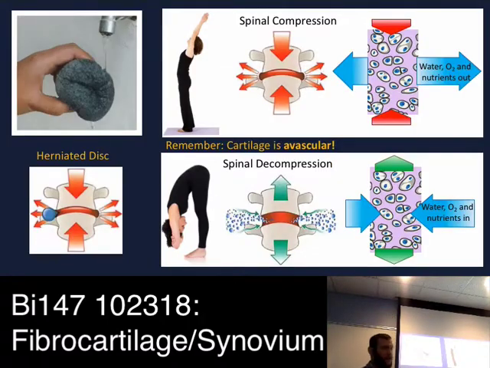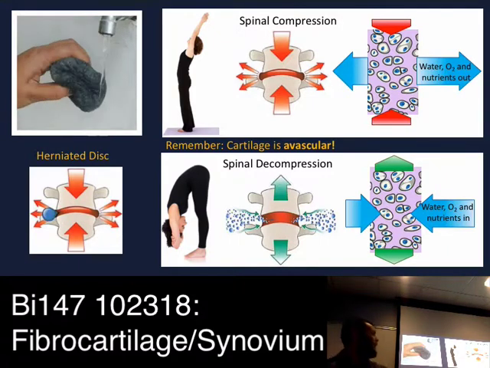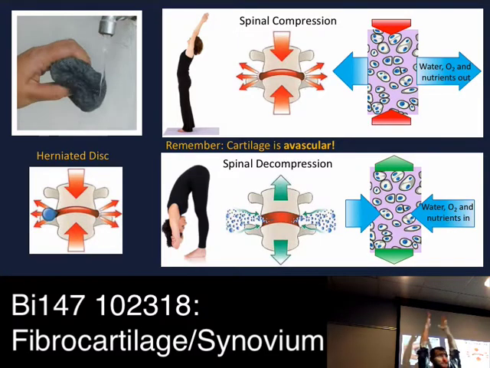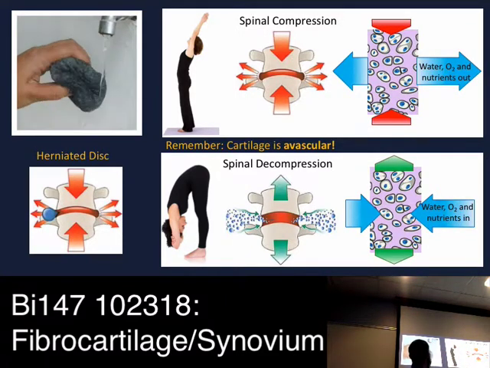Let's move on. Okay, so here we go. This is spinal compression. It's a good thing, right? Normal spinal compression is a good thing. Here's this person, she's standing up, and there's some spinal compression. What's happening here is that fibrocartilage is getting compressed and squeezing water and nutrients out, just like a sponge.